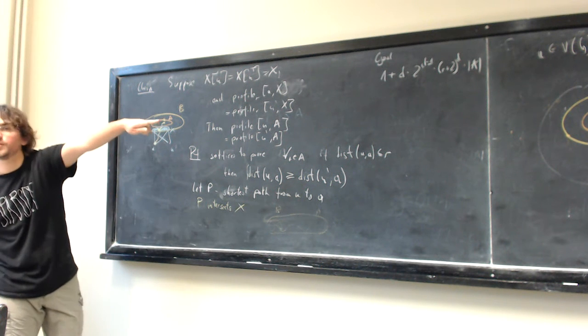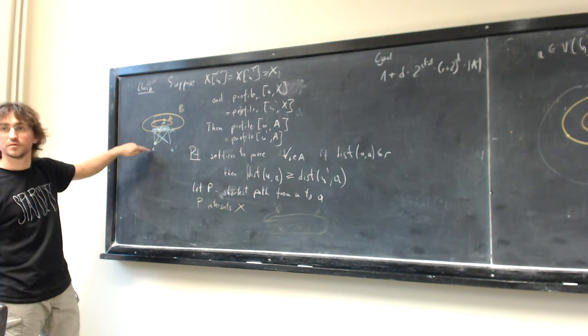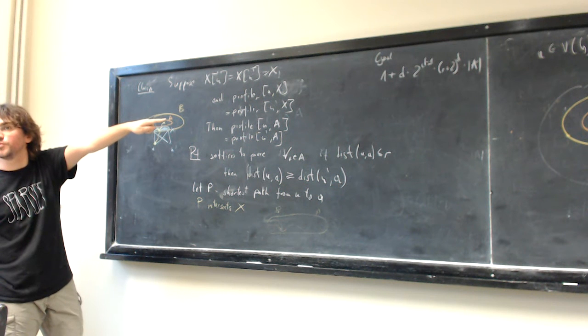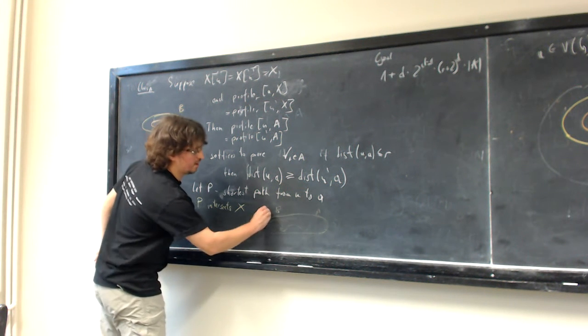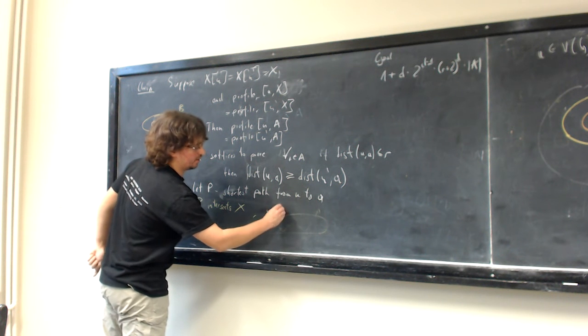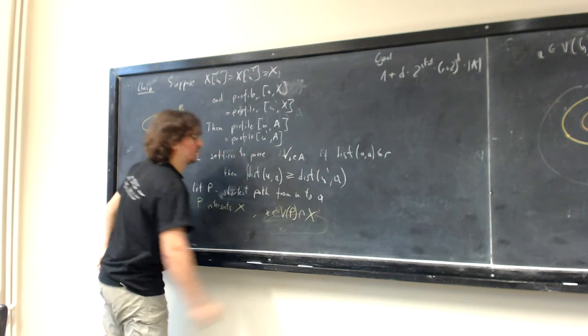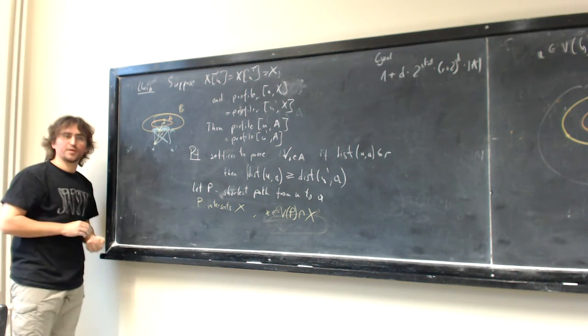This is a short path between U and A. Yes? So it needs to intersect X according to the claim that we just proved. Yes? So let X belong to the intersection of X with my path. Yeah, so this is some vertex X.